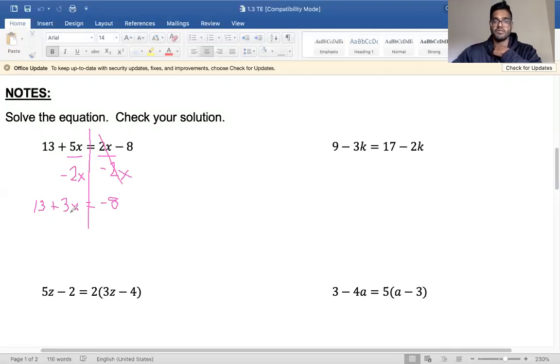Again, now we're just solving, trying to isolate the variable. Minus 13 on both sides, so these cancel out, and minus 13 on this side. 3x equals -21.